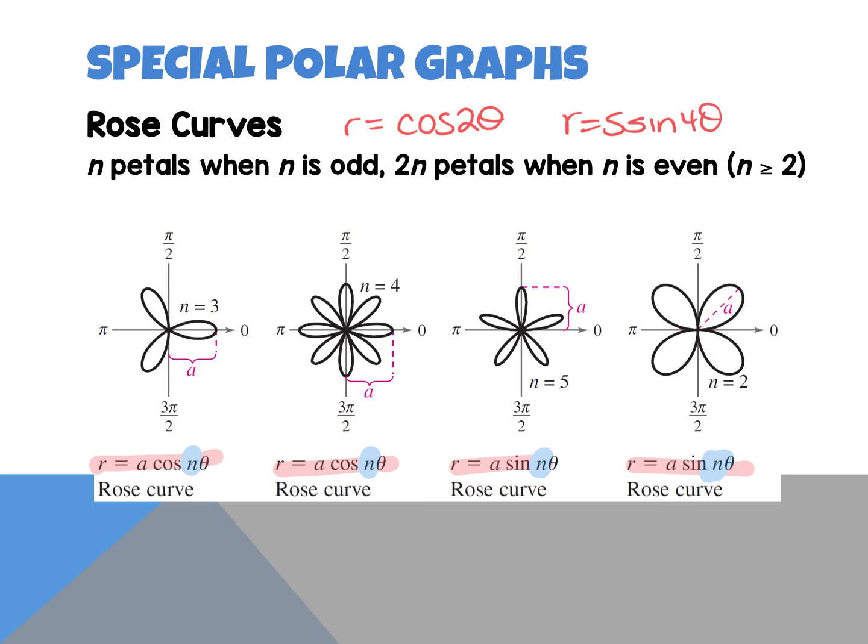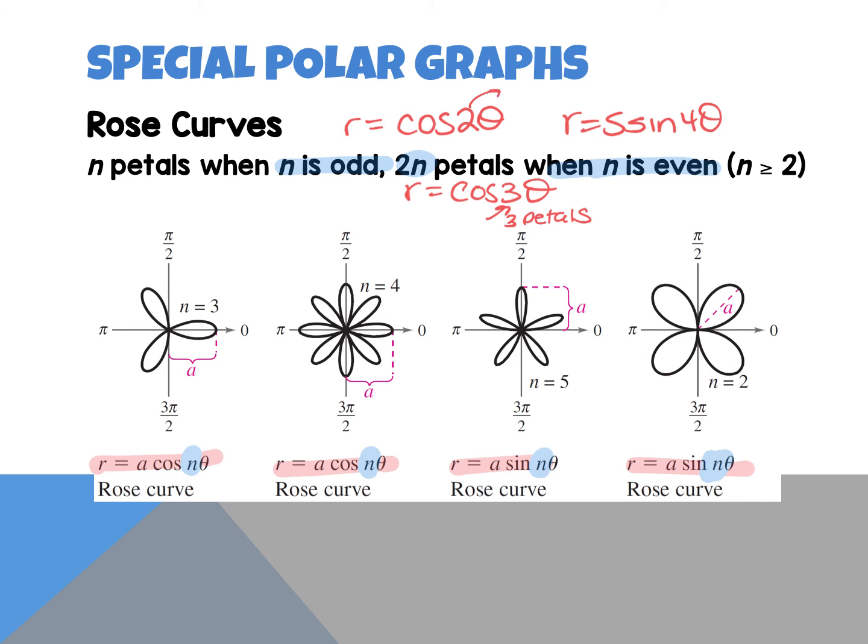If the number is odd, then you don't change it. That is the number of petals. So if my equation said r equals cosine 3 theta, then there are 3 petals. Odd stays the same. If that number is even, then you double it.